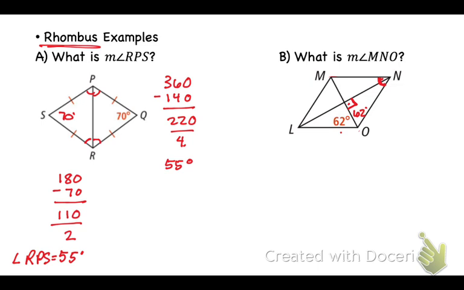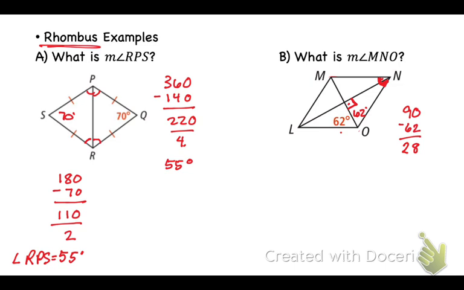So can I find the little angle? Couldn't I just do 90 minus 62? So it's 28. Is that right? 90 minus 62, so that's 28. So the little angle is 28.